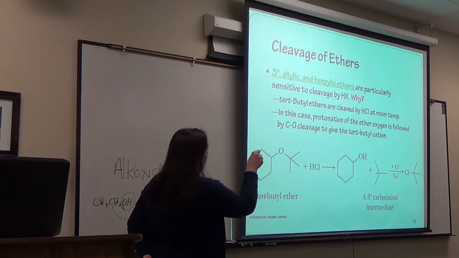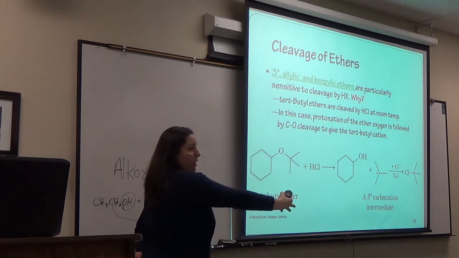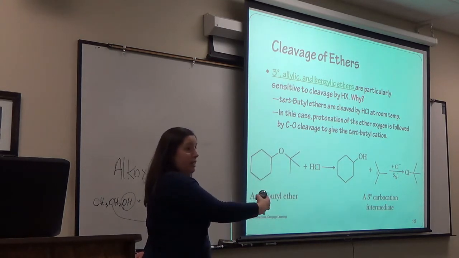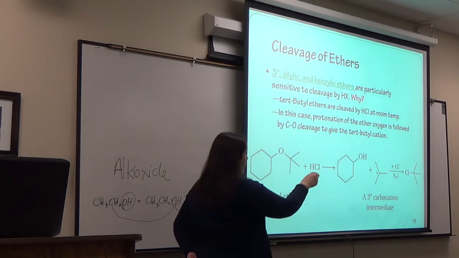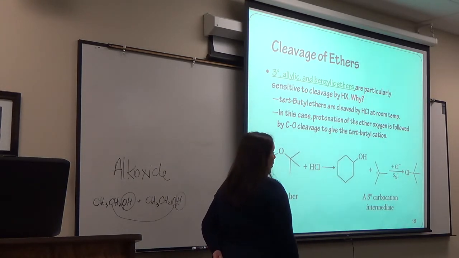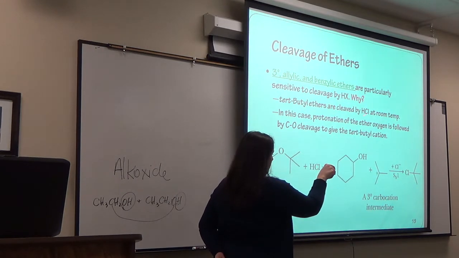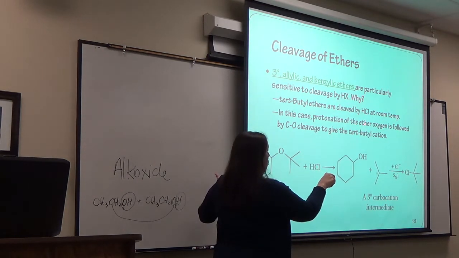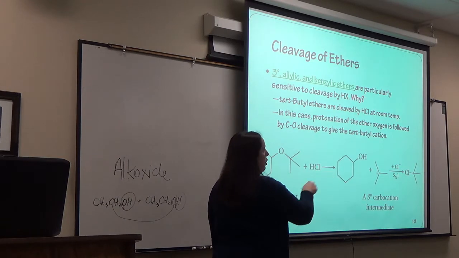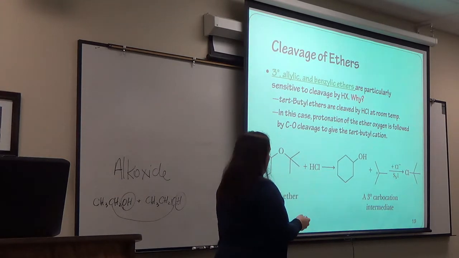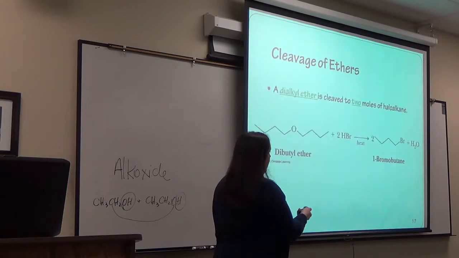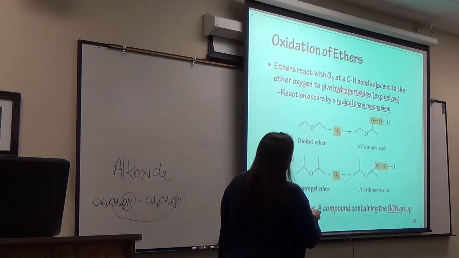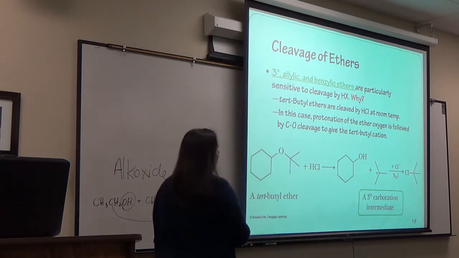But for tertiary, it's going to undergo an SN1 mechanism, and the SN1 mechanism is very effective. You literally don't even need to heat it up. And remember that HI was required before. Now HCl will do. Remember, HCl only gave you 38% yield. It's going to give you a much higher yield here, with tertiary.